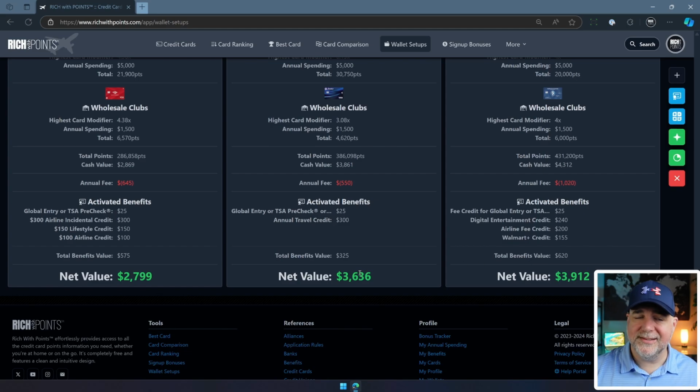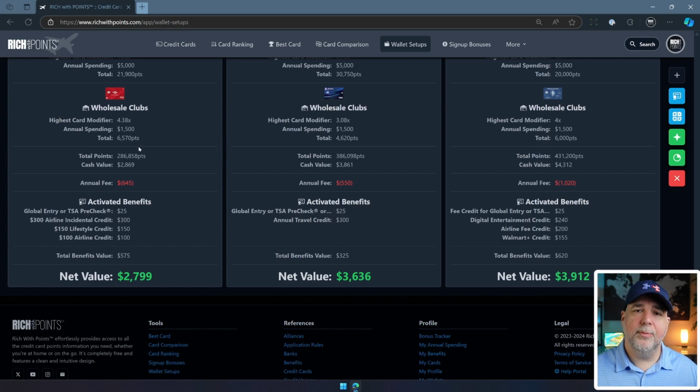The problem is, it's pretty hard to do that. If you're trying to transfer every single point over to a transfer partner and get 2 cents or more, then wow, you're working. With the Chase, you had the flexibility of both.